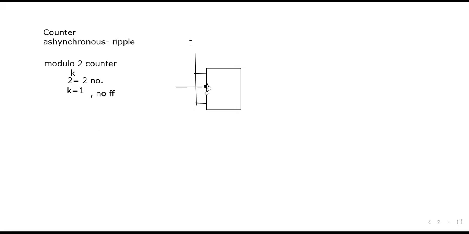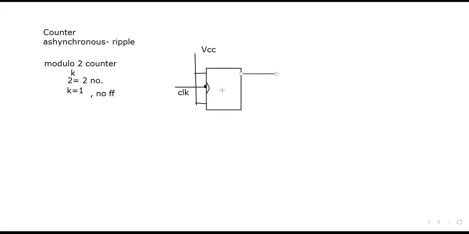Here we compulsorily write VCC, the voltage. This is the clock, CLK, and here we will have our output. So this is the binary counter.